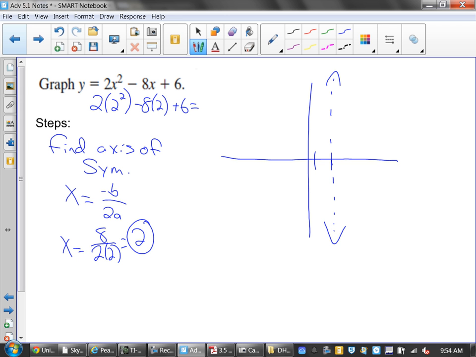Negative 8 plus 6 is negative 2. So that tells me that the first thing I did is I found my axis of symmetry. The next thing I do is I get my vertex. And I know it's going to be at 2 and negative 2. Everybody okay with that?